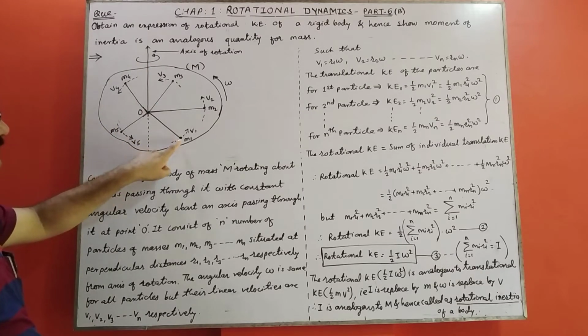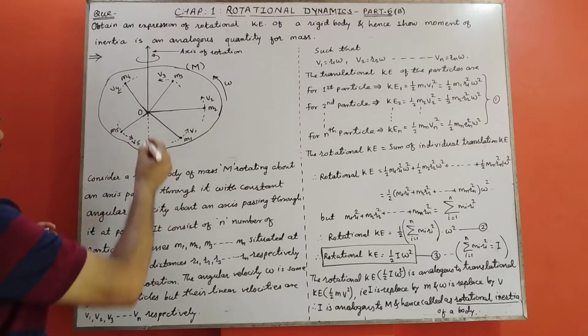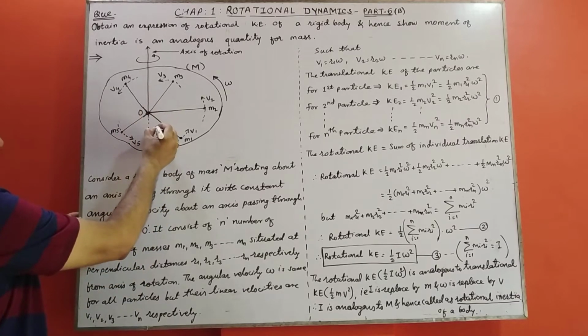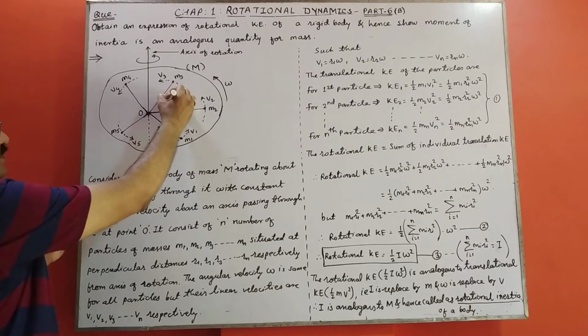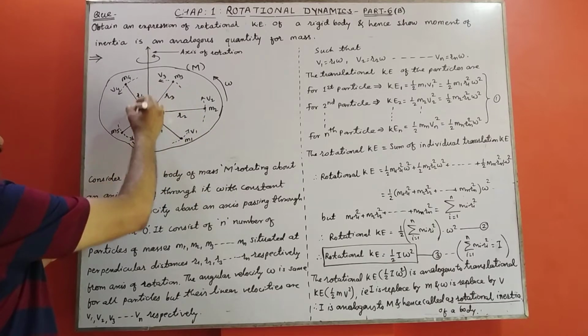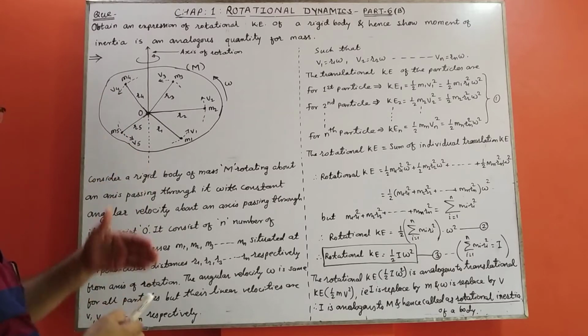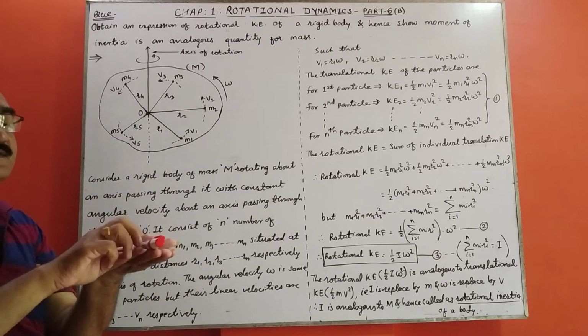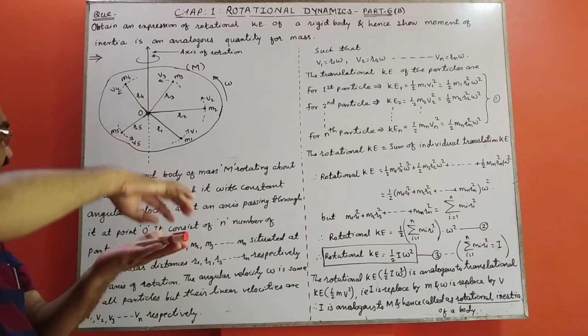having masses m1, m2, m3, m4, m5, and they are situated at the respective distances r1, r2, r3, r4 and r5. These distances are perpendicular, like this, from the axis of rotation.